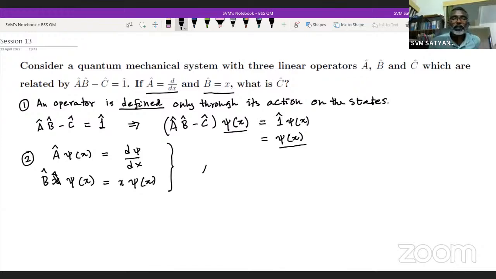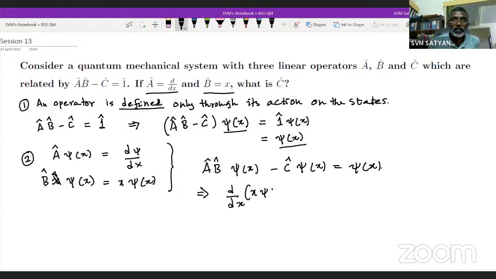So now you interpret AB operating on psi of x minus C operating on psi of x should be equal to psi of x. That is the given equation. That is d by dx of x into psi of x, minus C acting on psi of x, is equal to psi of x.